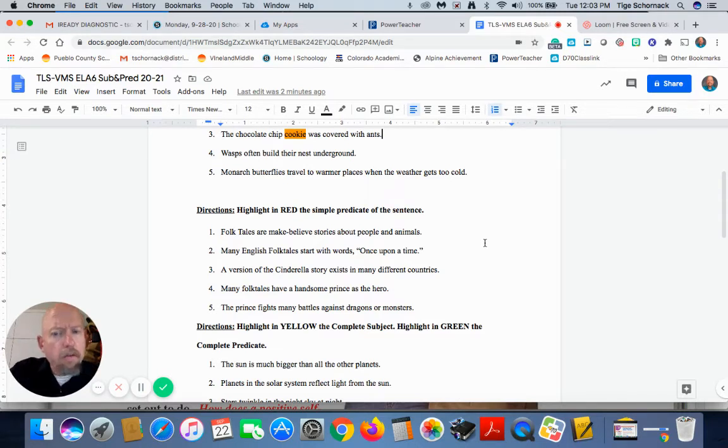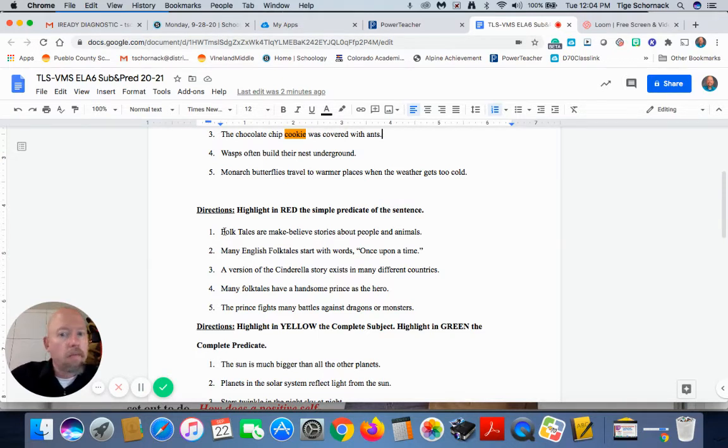So, let's do the first one together. Folk tales are make-believe stories about people and animals. So, remember, to find the predicate, we have to find the subject. We have to ask ourselves, who or what are we talking about? We're talking about folk tales. But technically, we're talking about tales because folk would be an adjective describing a type of tale.